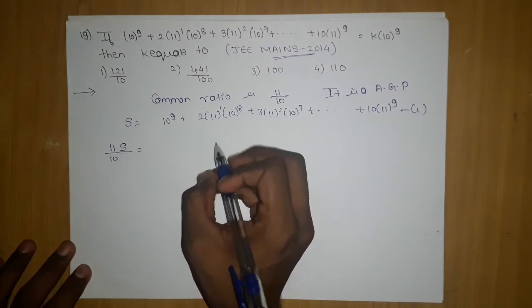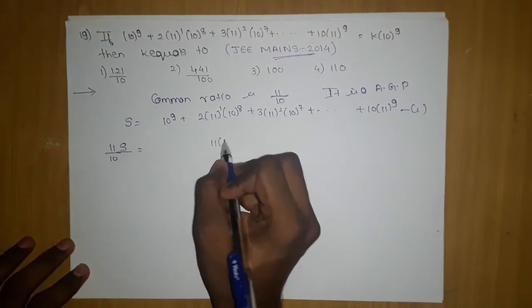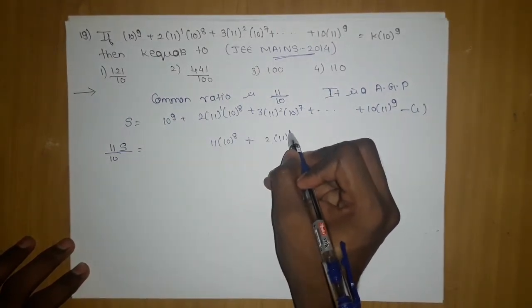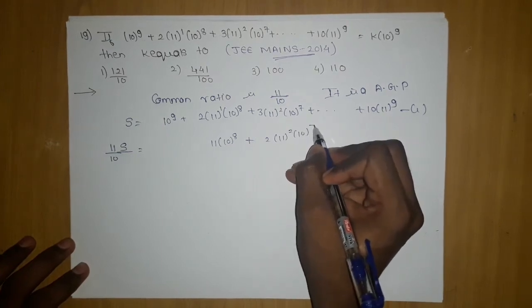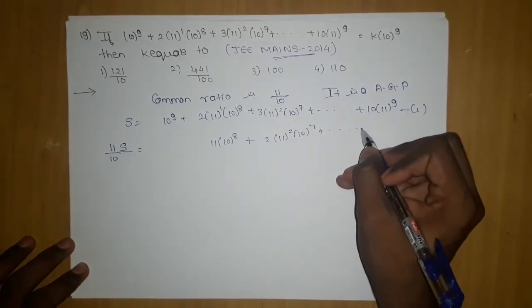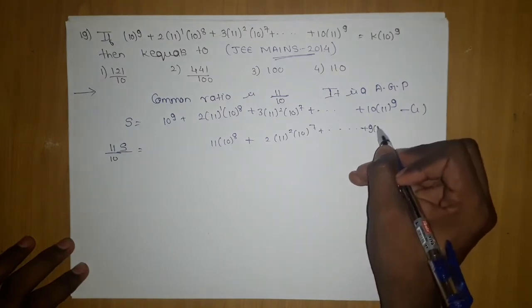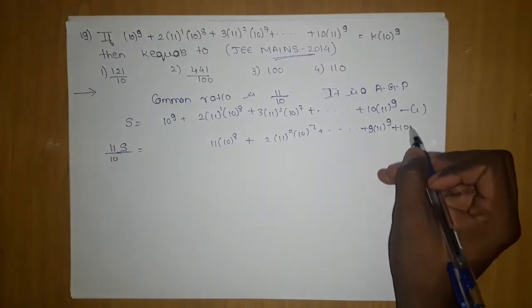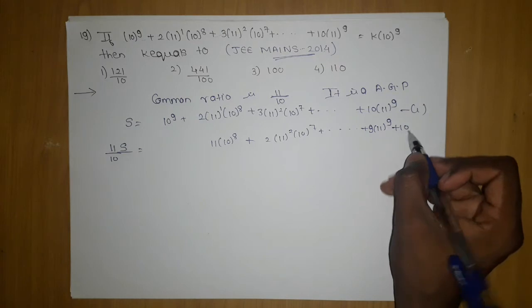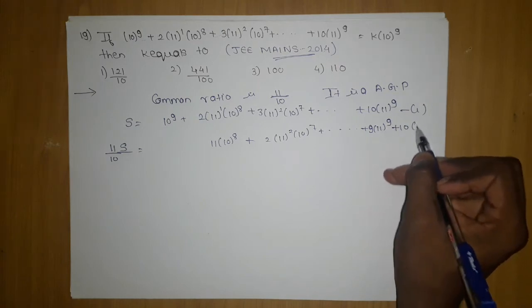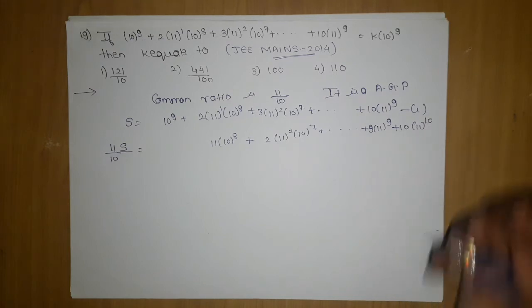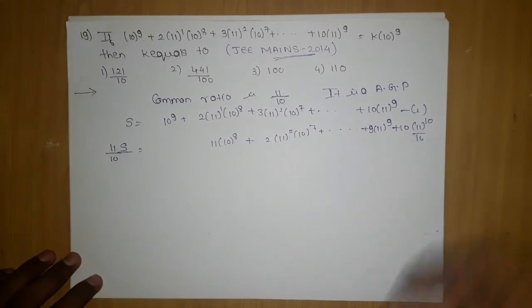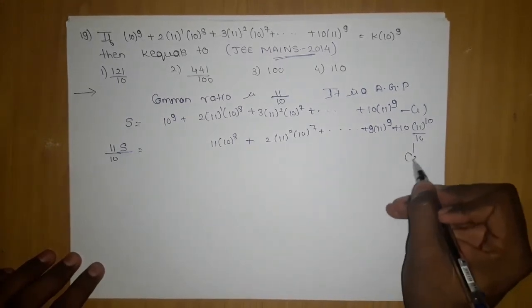We get something like this: 11 into 10 to the power 8 plus 2 into 11 power 2 into 10 to the power 7, and this will go on till 9 into 11 power 9. And lastly we have 10 into 11 power 10 divided by 10, this 10 will cancel out and 11 power 10 will be left. So this is my second equation.